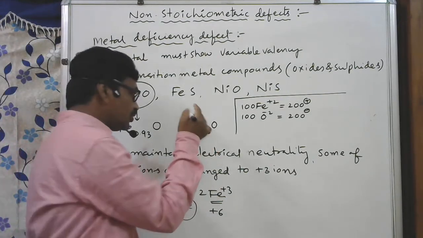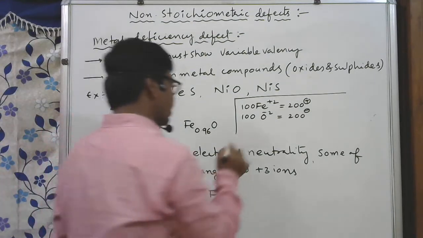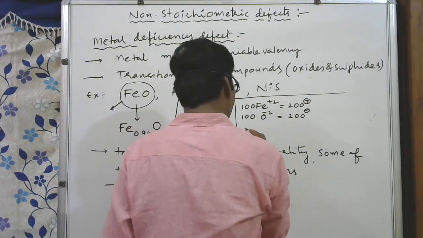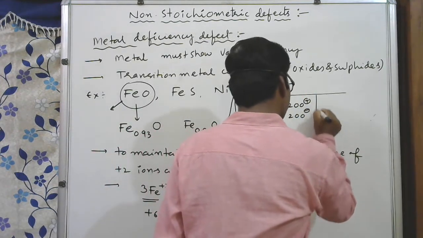But due to this defect, for example, from this 100, 1 Fe plus 2 ion is missed. This is the original.